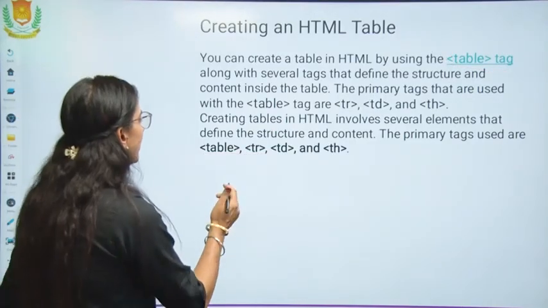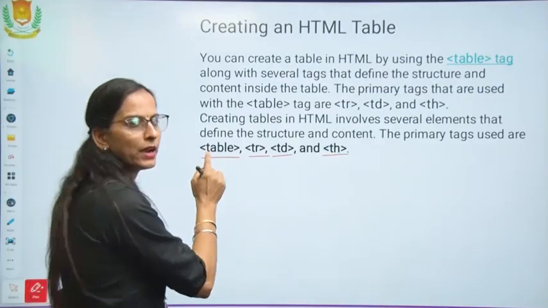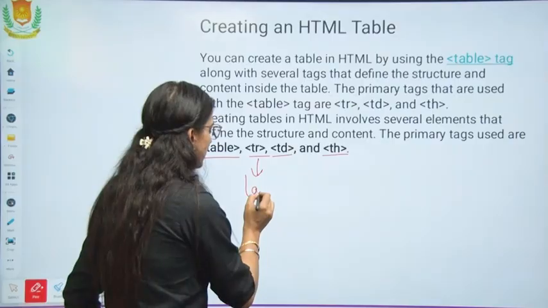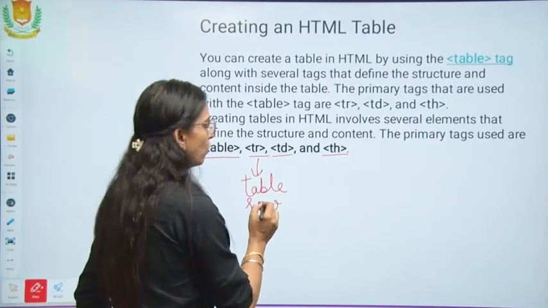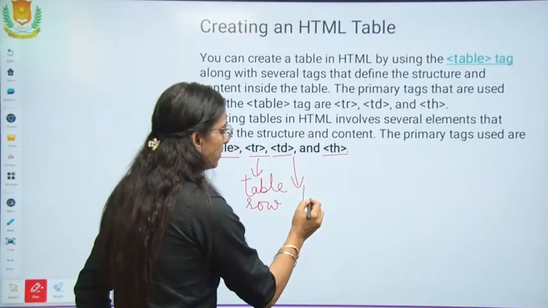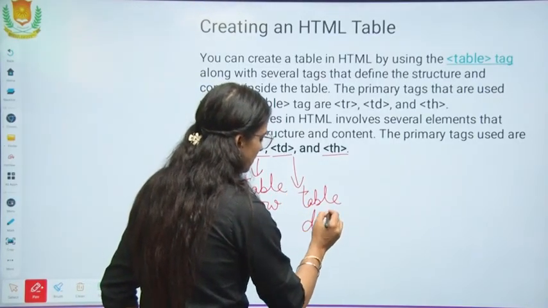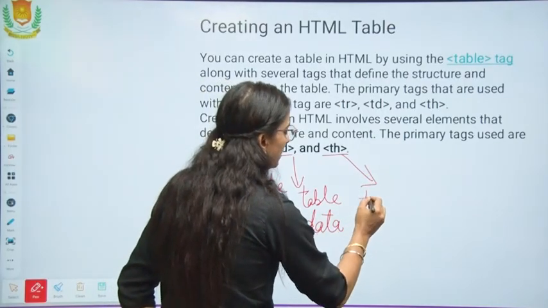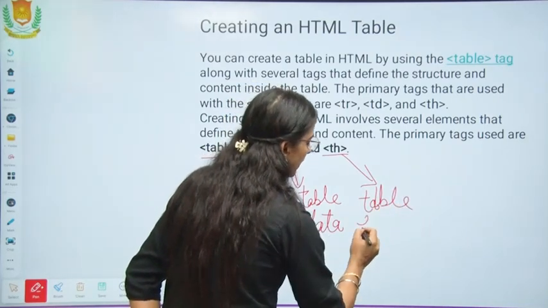So basically these are the tags. The table tag, to start the table; this is the table row; this is the table data; and this is the table heading.